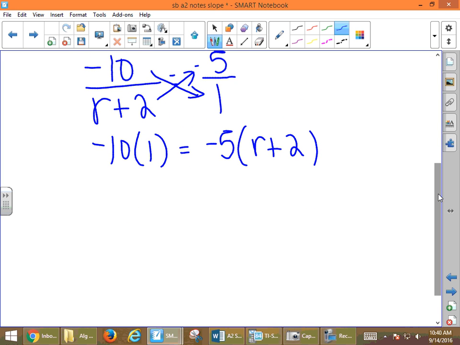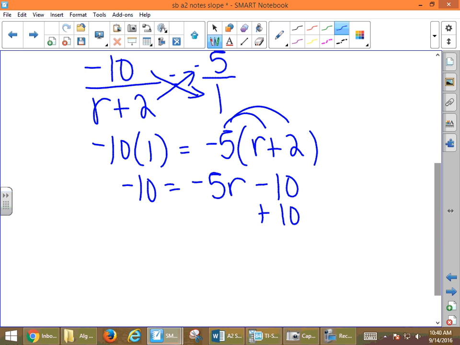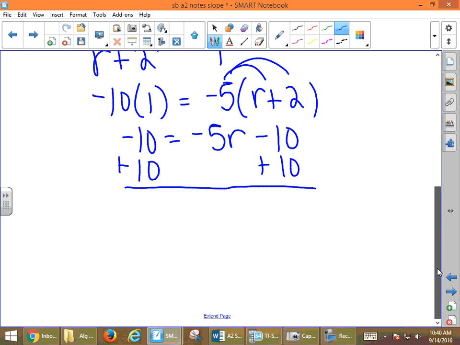And then we can solve. Negative 10 times 1 is negative 10. Negative 5r, when we use distributive property, minus 10, negative 5 times 2. We're trying to solve for r. So let's move the 10 away from the r by adding it to both sides, and we get 0 equals negative 5r.